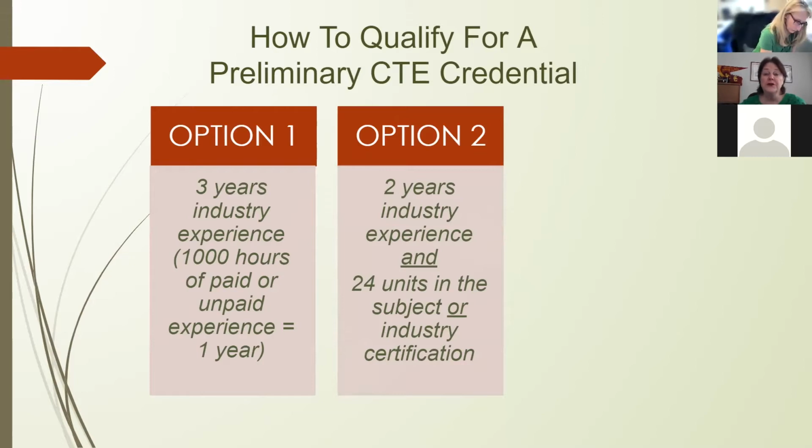Now, general ed courses don't qualify you. Those don't count at all. So when we're looking for 24 semester units in the subject, we're looking strictly at that subject area, not English, math, art, PE, or whatever. So that would be, in this case, banking, business, finance.